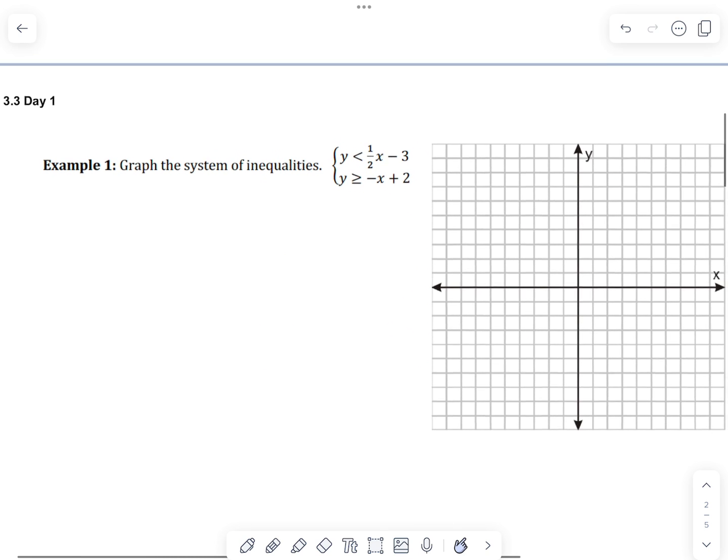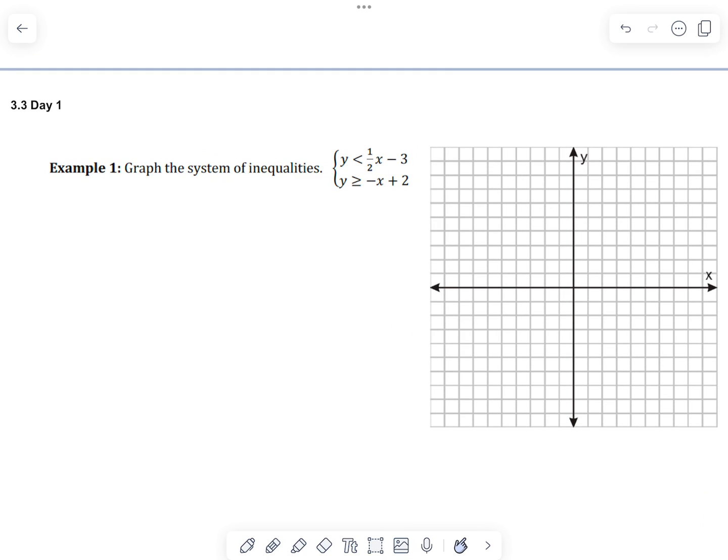So here's our example. We have two linear inequalities, and we're going to ignore the inequalities for now and just graph them as lines and then do our shading. So here's the top inequality, y less than 1/2 x minus 3.